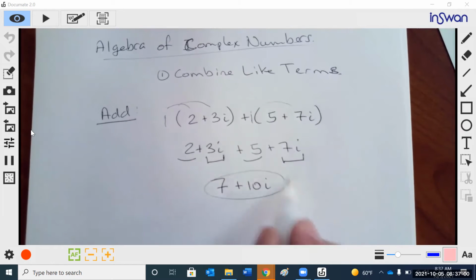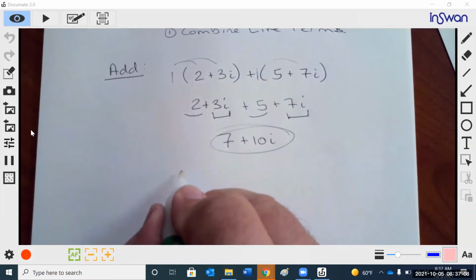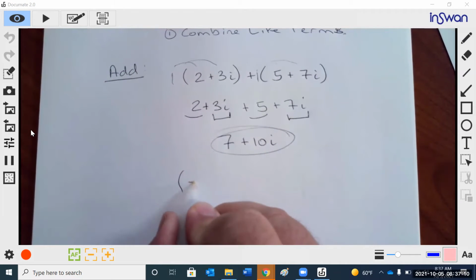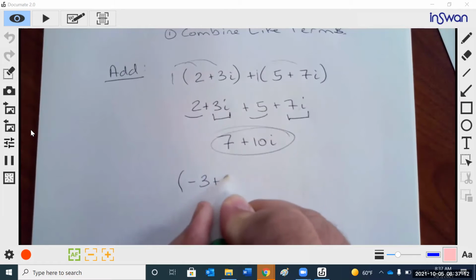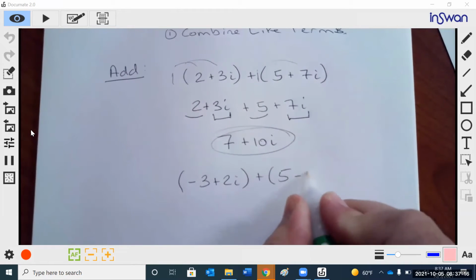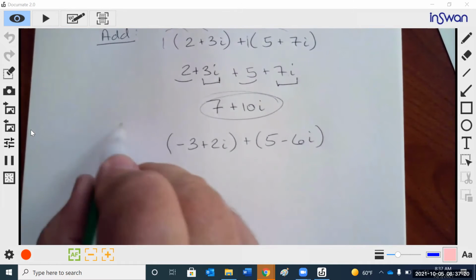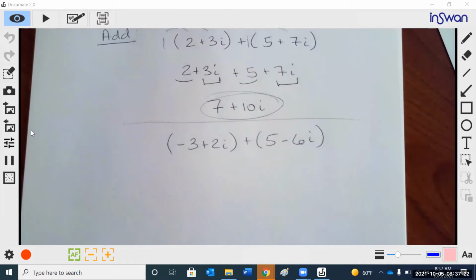There's your answer. How about this next one? Negative 3 plus 2i in parentheses plus 5 minus 6i in parentheses.